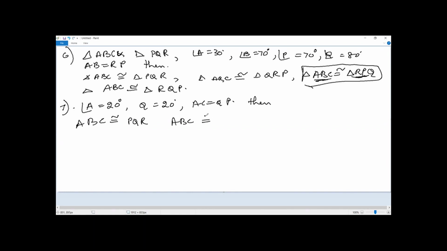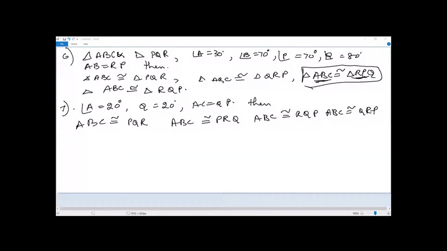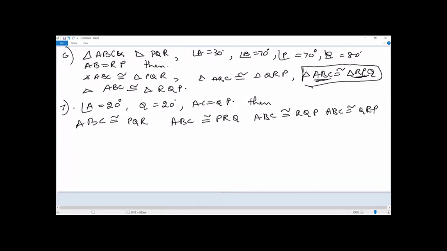ABC congruent to PRQ. ABC congruent to RQP. ABC congruent to QRP. These are the options. And Mahantesh has to answer. Mahantesh, which is the correct answer?